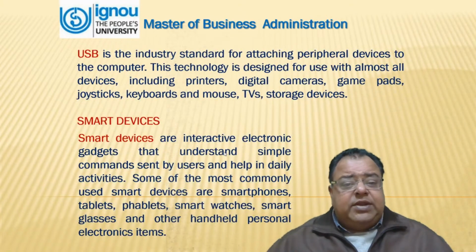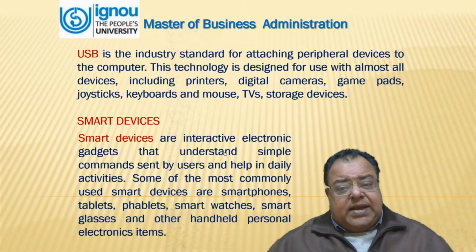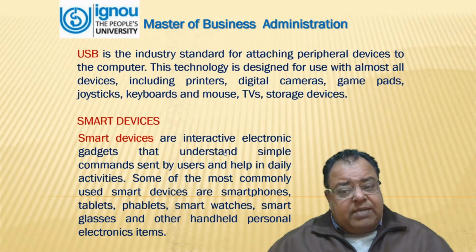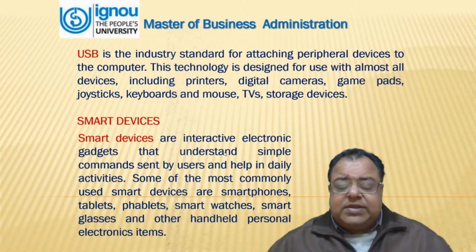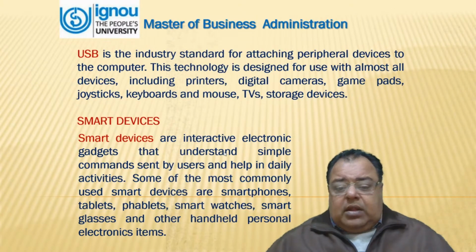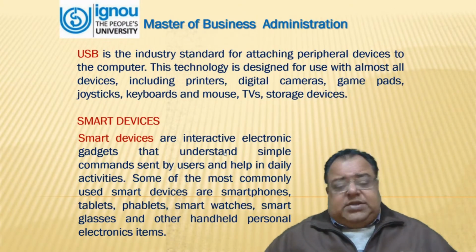USB is the industry standard for attaching peripheral devices to computers. This technology is designed for use with almost all devices, including printers, digital cameras, game pads, joysticks, keyboards and mouse, TVs, storage devices, everything. Now we talk about smart devices.